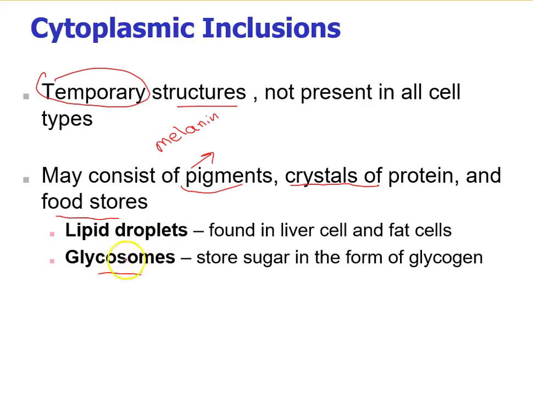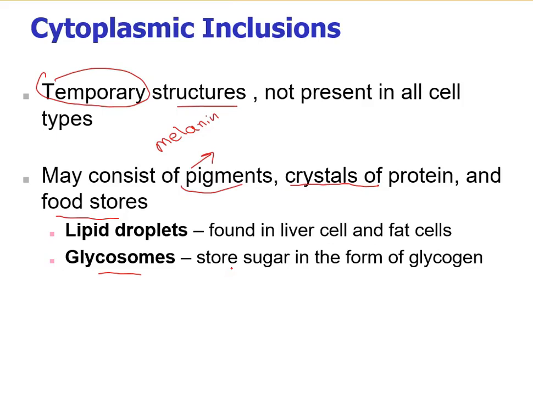So the glycosome is the storage unit for glycogen, and they are considered inclusions, as they do not have a metabolic function. They can be temporary. Sometimes we can see them, sometimes there are no glycosomes or lipid droplets in those cells, and not all of the cells in our body have the pigment melanin, so they can be found in some cells but not in all types of cells.